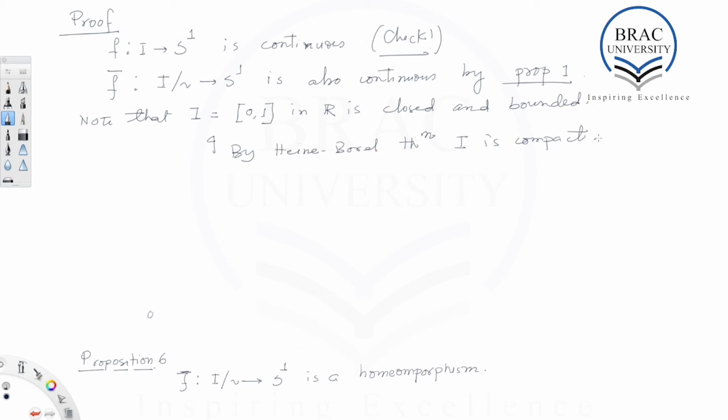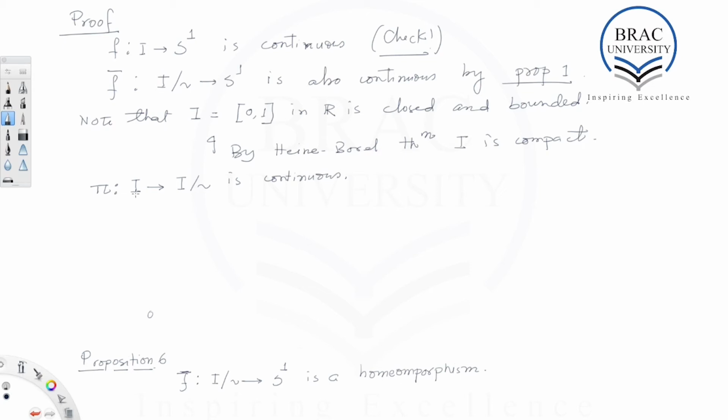Now, we see that this projection map, the canonical projection map from I to this quotient space, is continuous. We know that it is continuous, and I is compact.